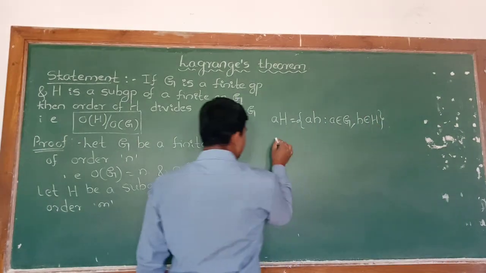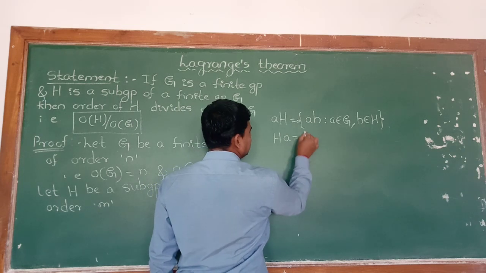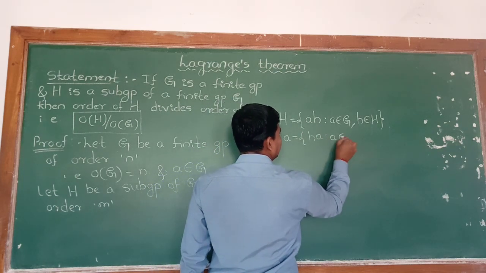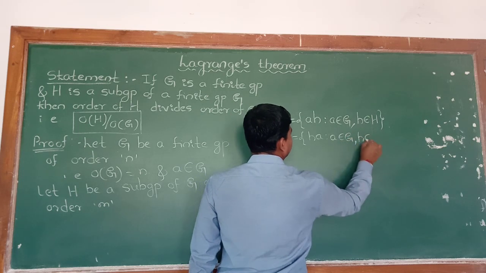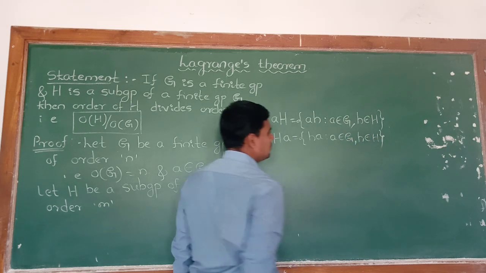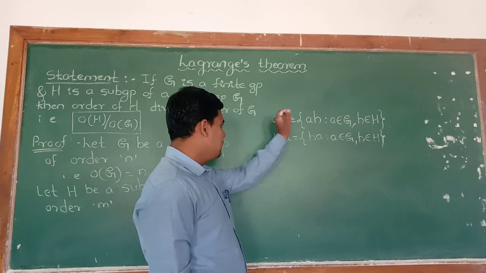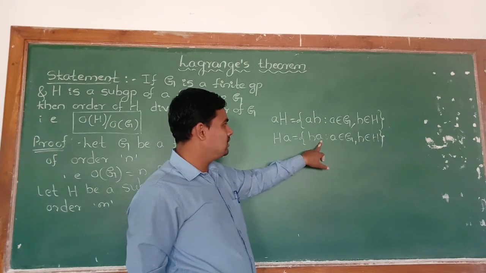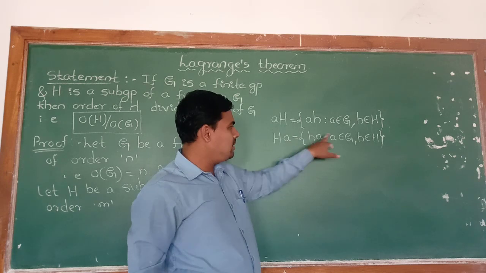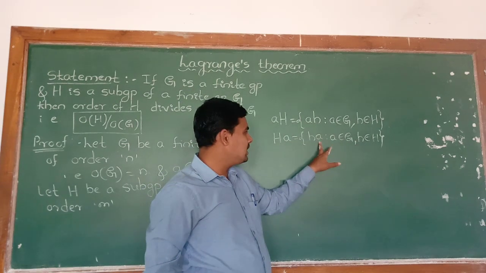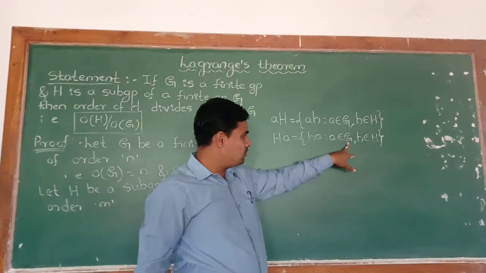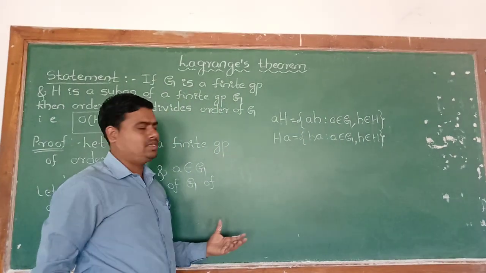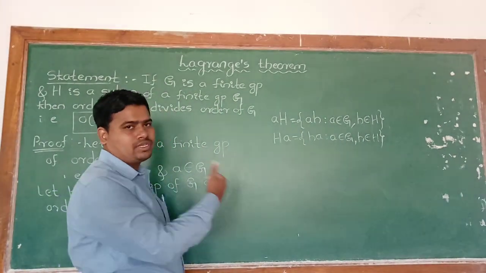Similarly the right coset is Ha, equal to ha, such that a belongs to G, h belongs to H. The product of h and a, where h is an element of the subgroup H and a is an element of the group G.